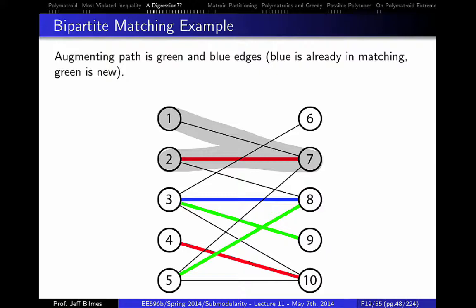If we were to turn, let's see if I can do this in real time here, green is new and blue. So that would be an alternating but not an augmenting path. And why? Because while this vertex is unmatched, this one is already matched. So that's not an augmenting path, that's an alternating path. Everybody see the difference? Okay.